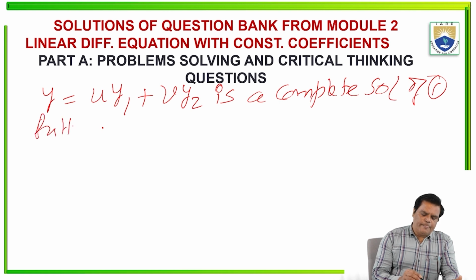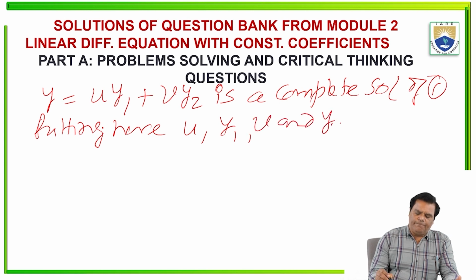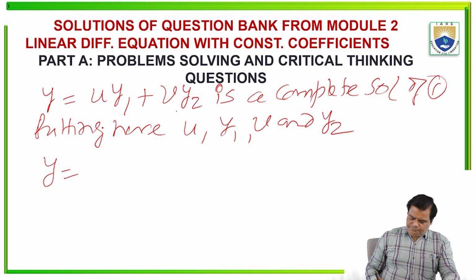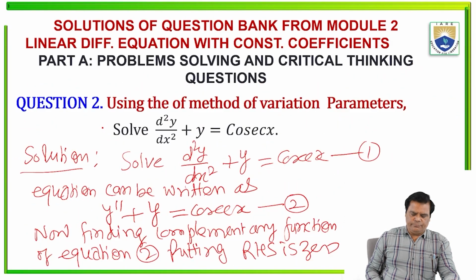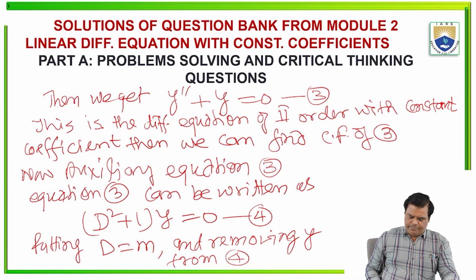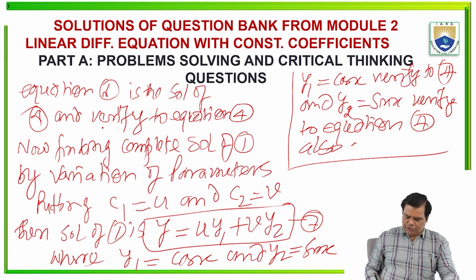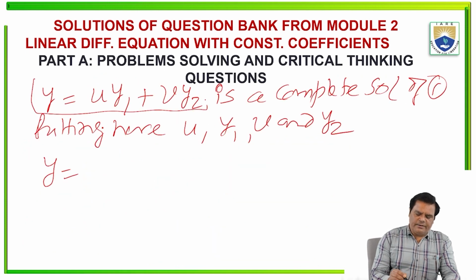Putting u, y1, v and y2: this is equation number 7.